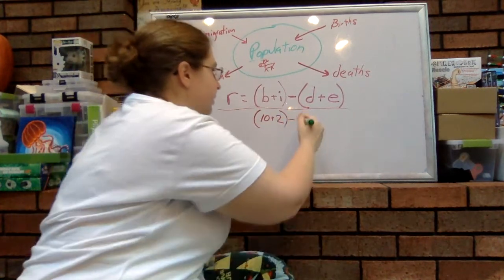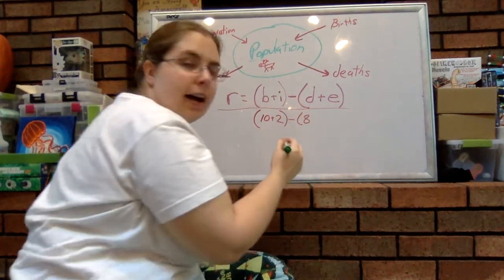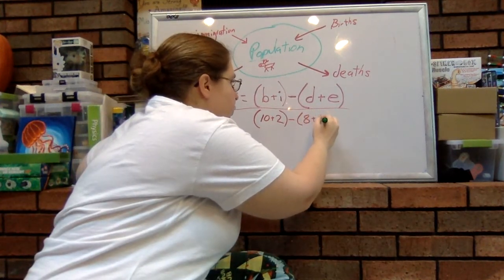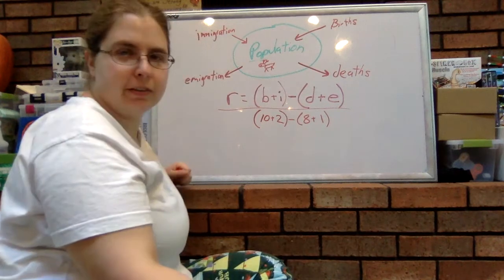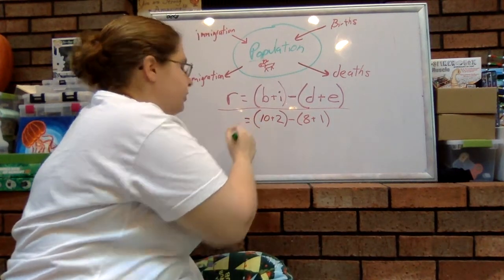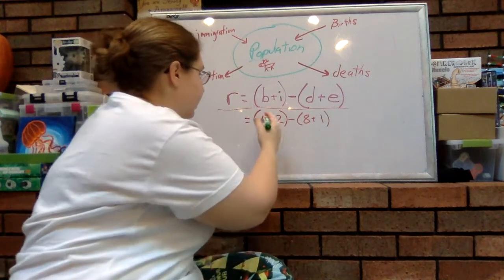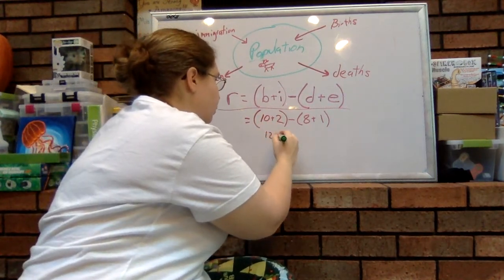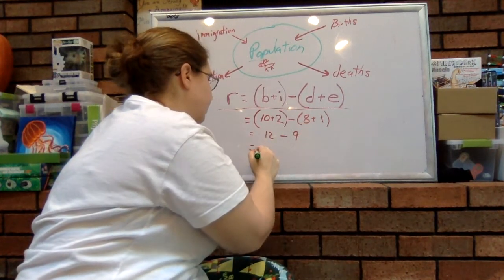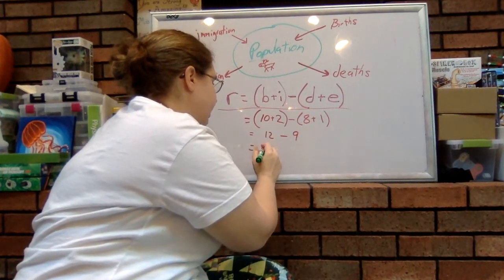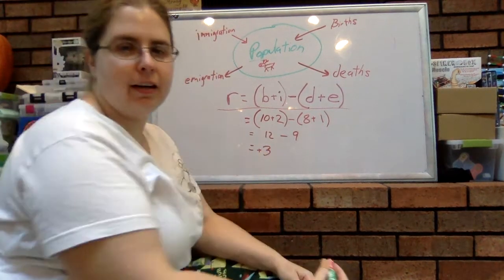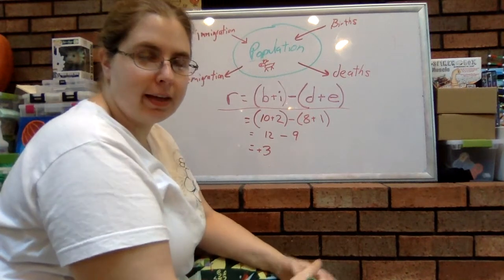There were 8 that died plus 1 that left the herd. So that means that there was a change in the population of 10 plus 2 is 12 minus 9, we have a net gain of 3 individuals for that year.